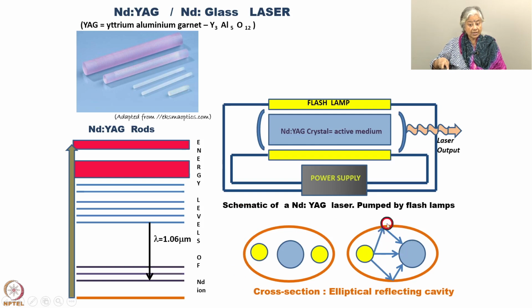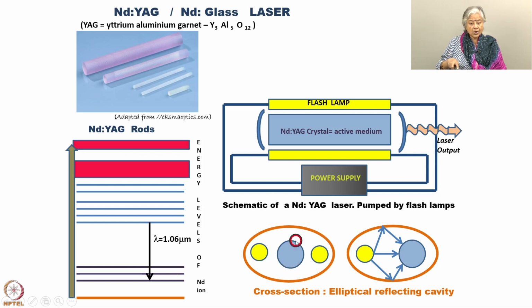So, Nd:YAG will always come with a flash lamp and its reflector. Otherwise, you are losing all the energy which goes out here and there, and you are not using that light energy to excite the ions in the Nd:YAG crystal.